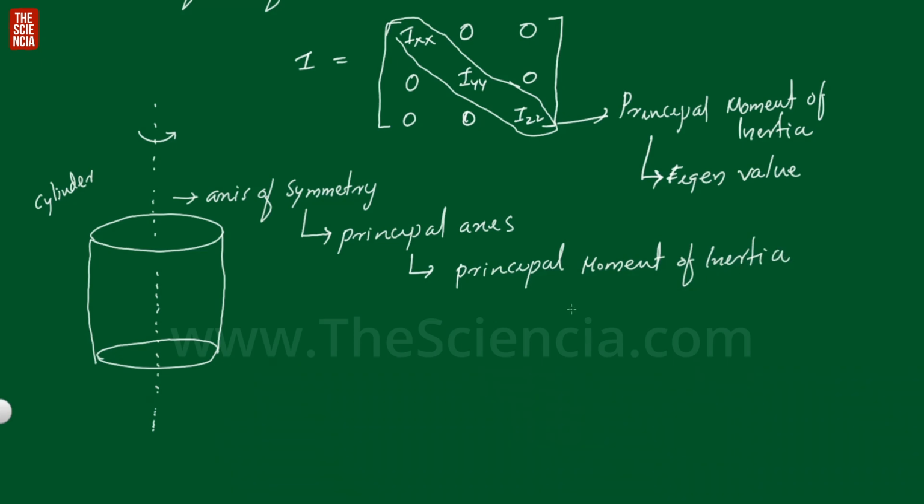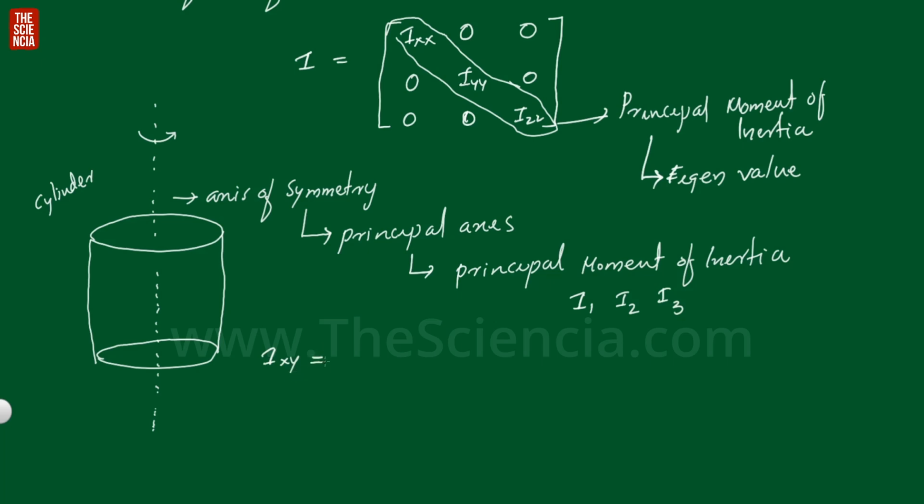Generally we will represent these by I1, I2, I3. These are the principal moments of inertia. If you take Ixy, that is the product of inertia.